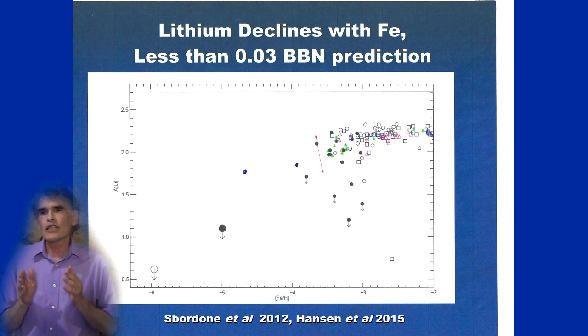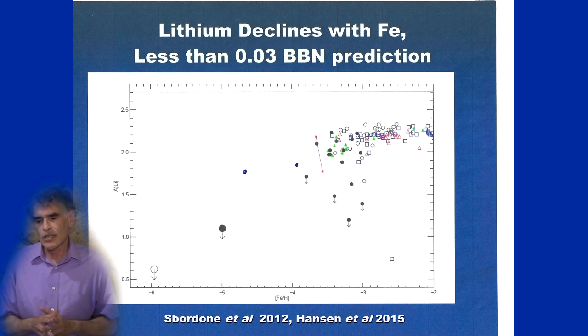As you get to stars in our galaxy that are purer and purer in terms of iron, and therefore were formed earlier and earlier in the history of our galaxy, you get to what's called the spike plateau, which is that plateau on the right-hand side of the graph.